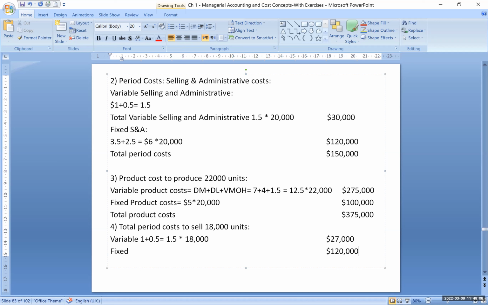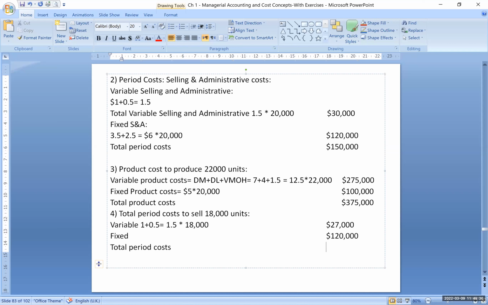Total fixed cost, if you remember the lectures, is fixed or constant or the same regardless of how many units we produce or sell. So the total fixed selling and administrative will be $120,000. So the total period cost in this case will be $147,000.